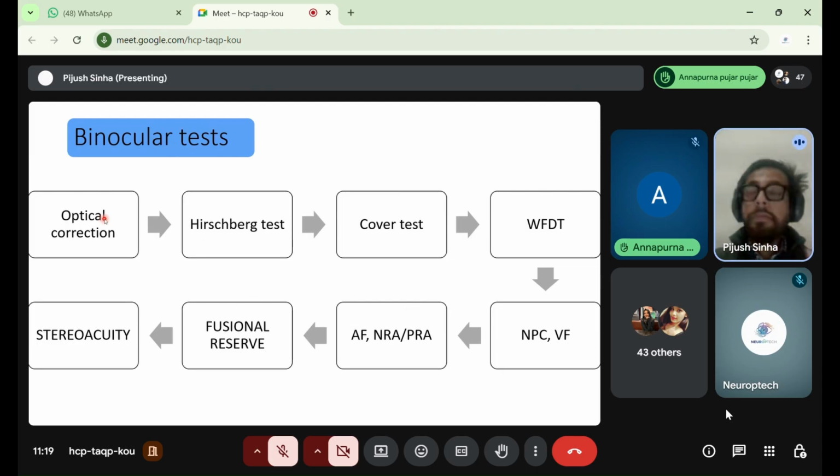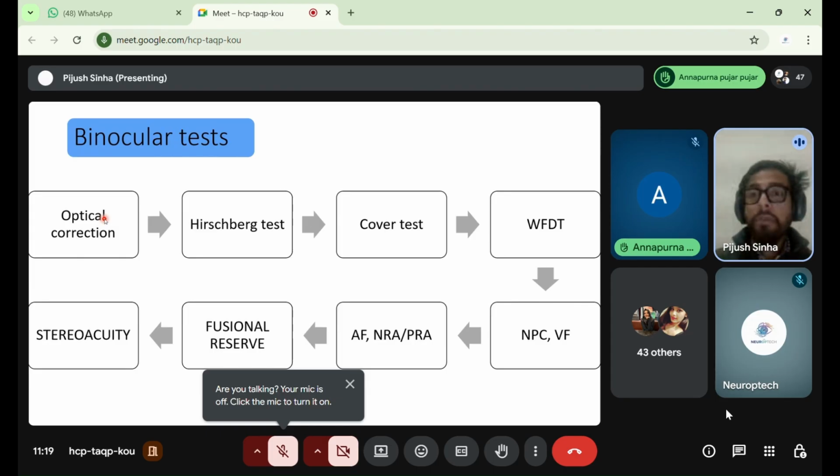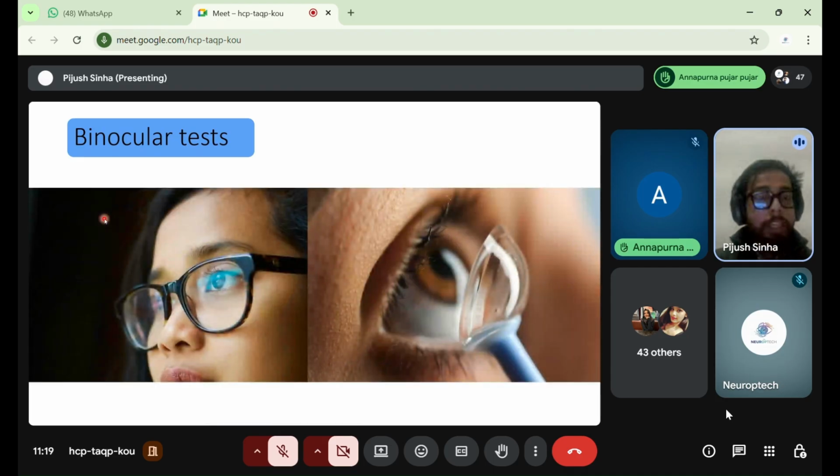Here the first most important step that we take in patients with corneal ectasia is to give the proper optimal optical correction. It can be in the form of glasses or contact lenses. I'm not a contact lens specialist. I'm a vision therapist, but I have a little knowledge about contact lenses also.